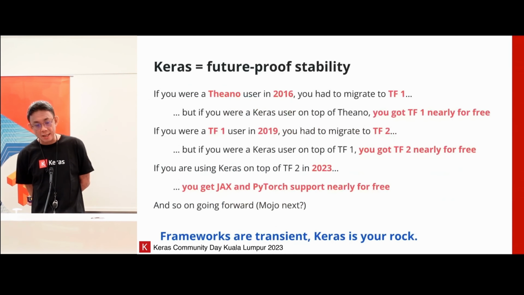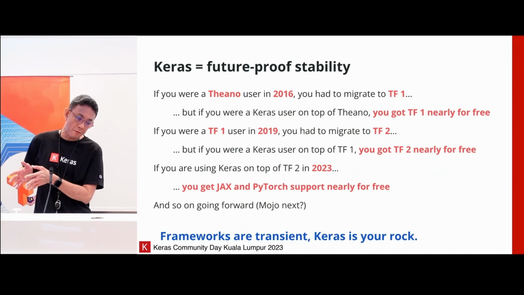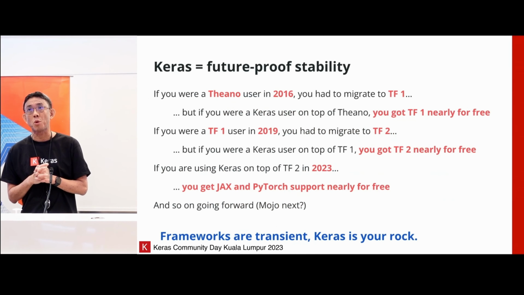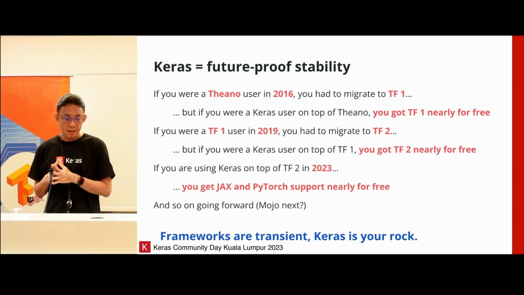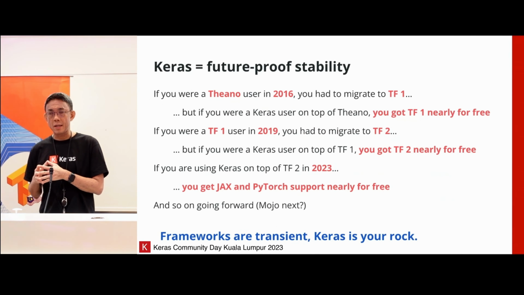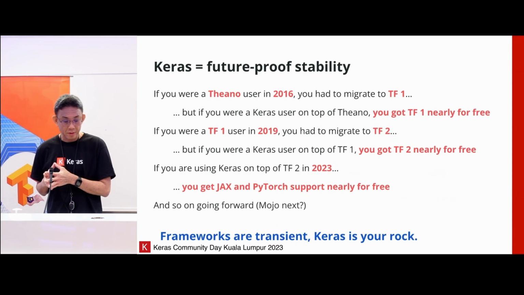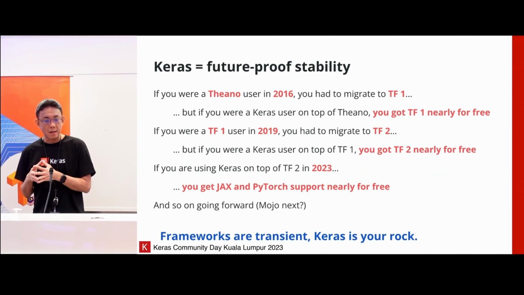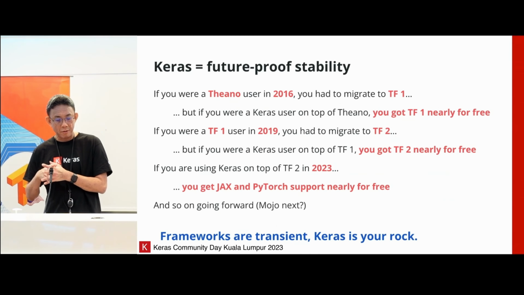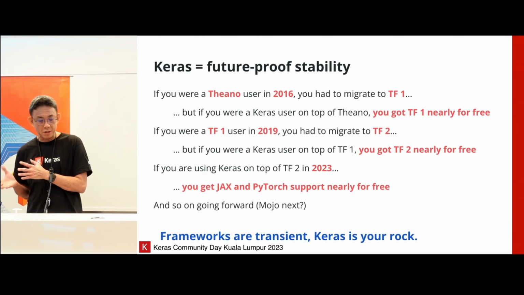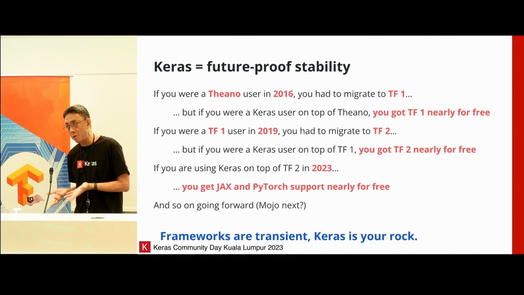So with Keras, if you look at the history of where Keras started, Keras started in 2015. At that time, it supported multiple backends, starting with Theano. But later, in version 2.4, Keras only supported TensorFlow. So at that time, if you were using TensorFlow, you could migrate from TensorFlow version 1 to TensorFlow version 2 and still use Keras.